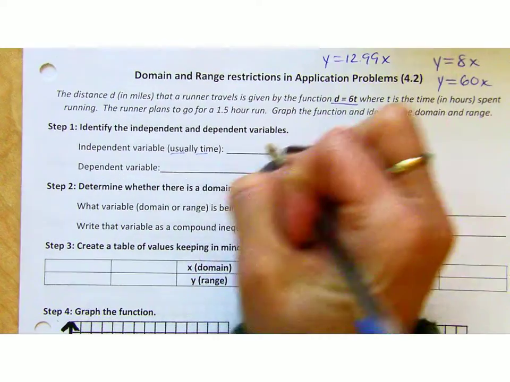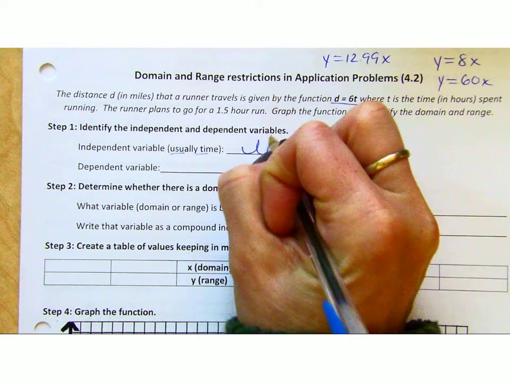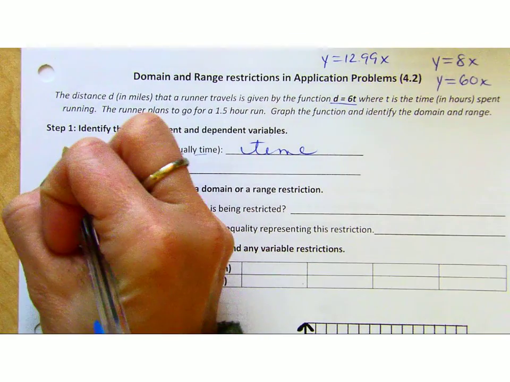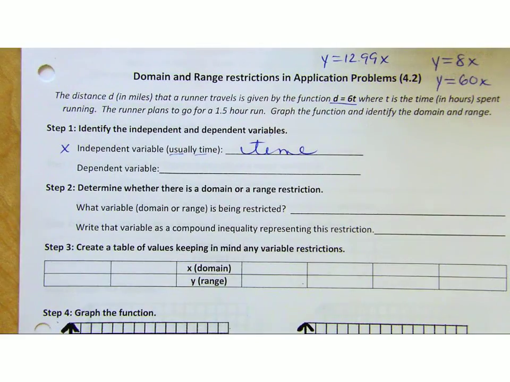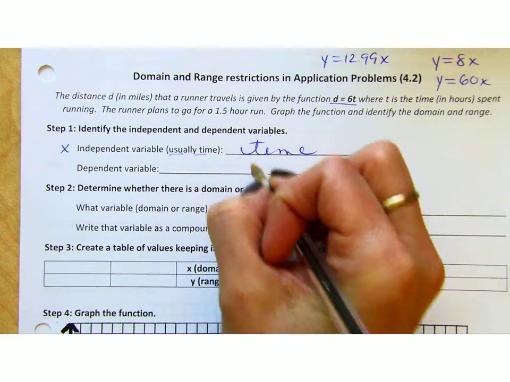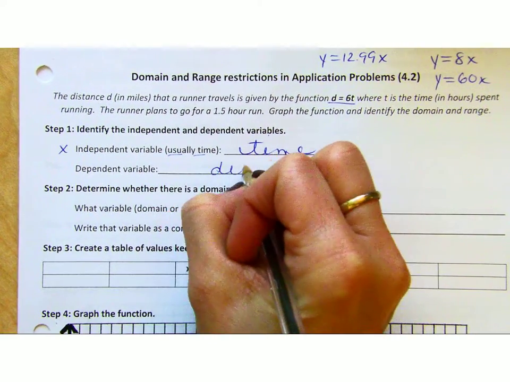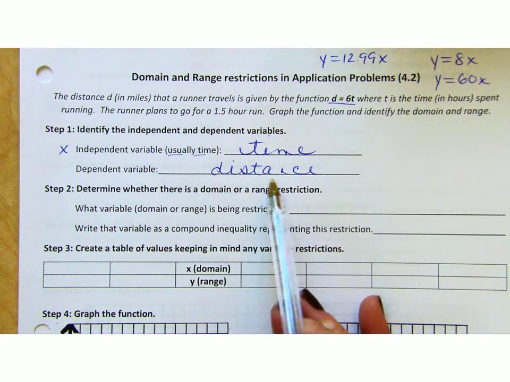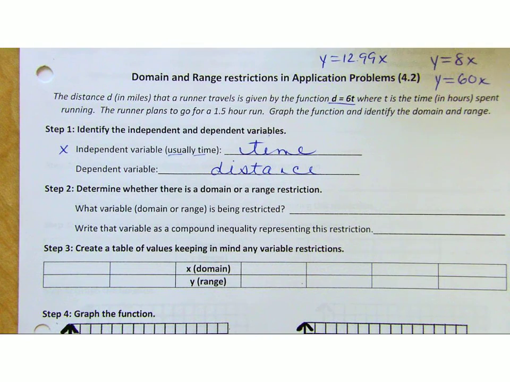So this is time. That is your independent, okay? And by the way, your independent is your x all the time, which means your dependent is going to be distance, because the distance you go depends on the time, okay?